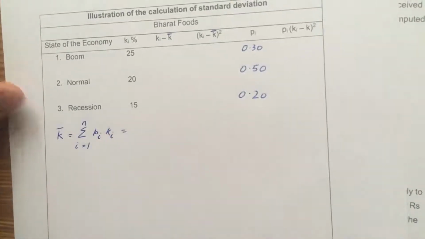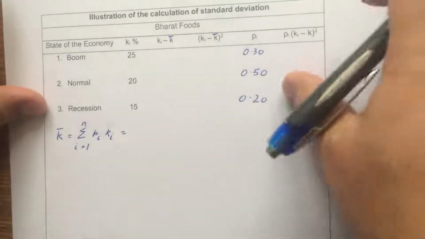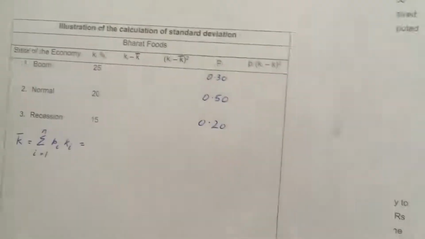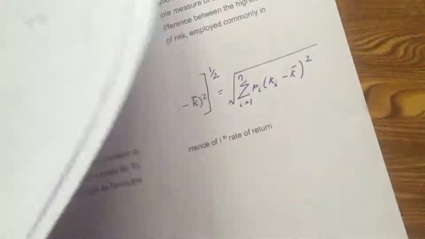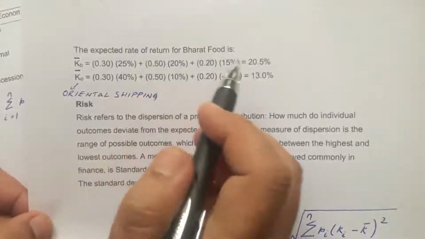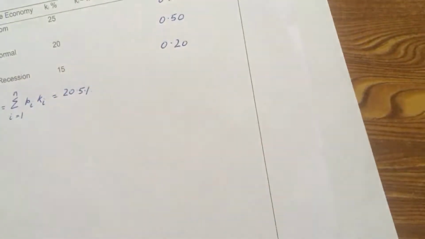We have already calculated the expected rate of return for Bharat Food, it is 20.5%.